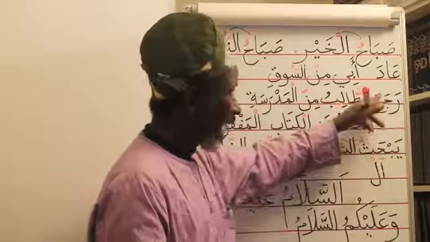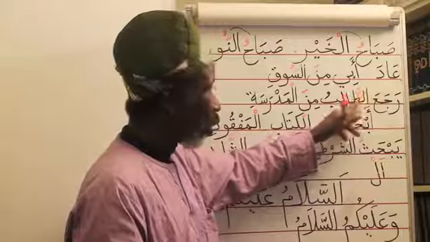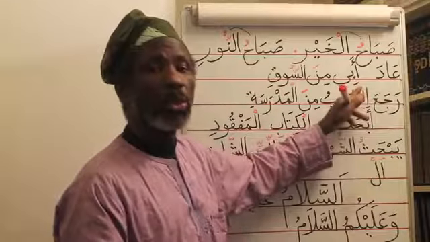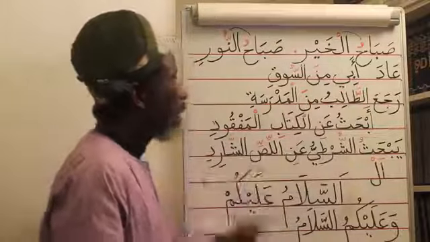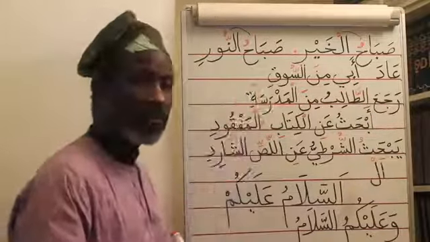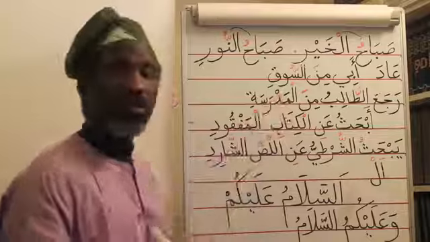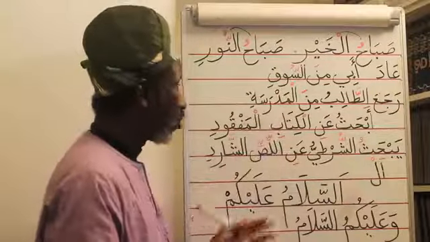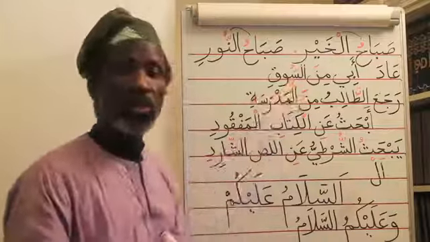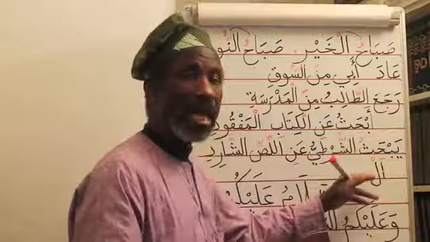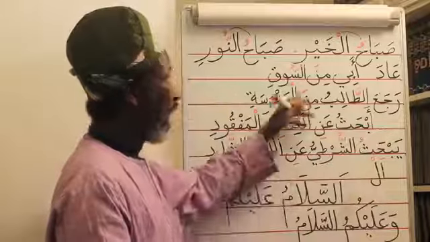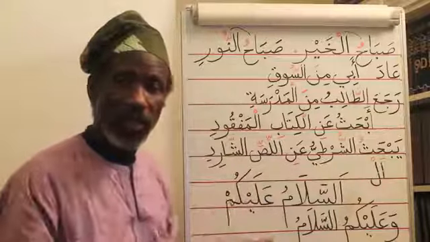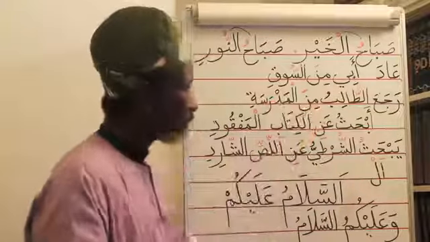Therefore, we need to link the a to the first ta, which is hiding here, carrying sukun. Raja'at talibu min al-madrasati. Mim is a moon letter, so it's not carrying any shadda, and there's no reason why we should not keep the sukun on the lam of al. Min al-madrasati. But the alif is silent because it's not at the beginning. There is something before it.